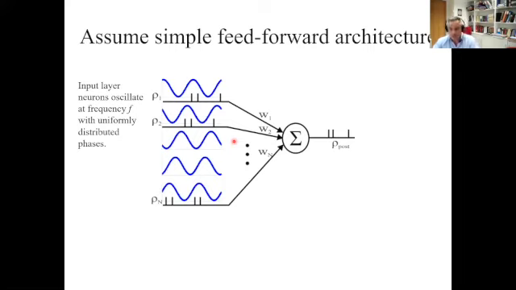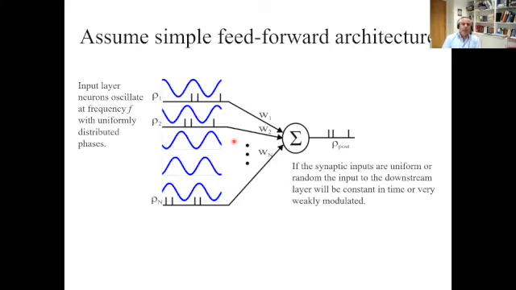One solution to this problem would be if we have inhibitory contribution that will balance, will cancel out to leading order the DC component.